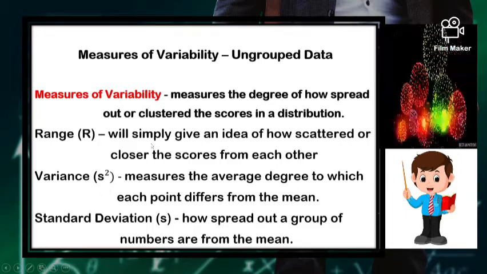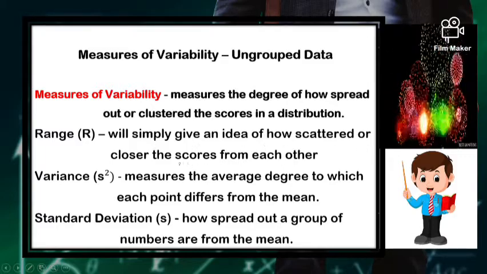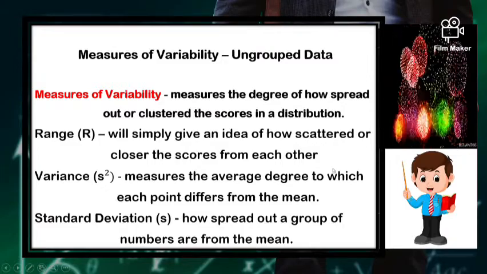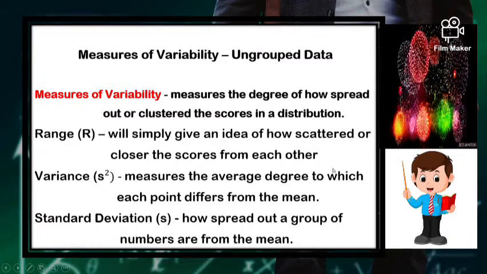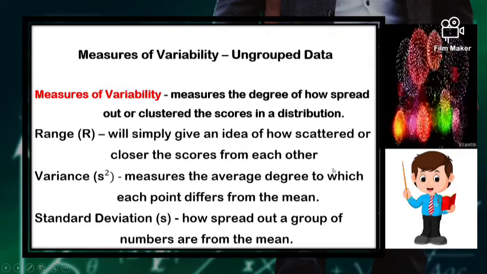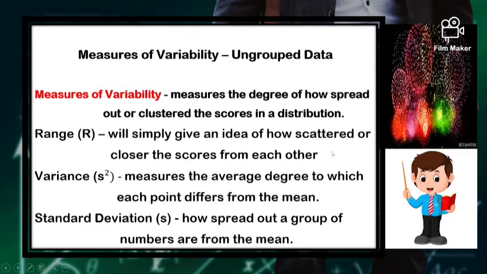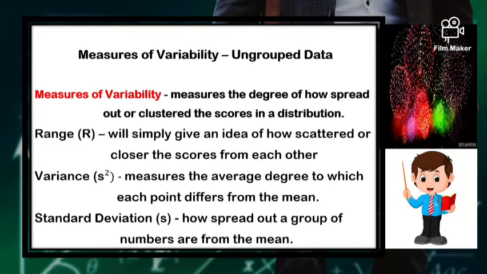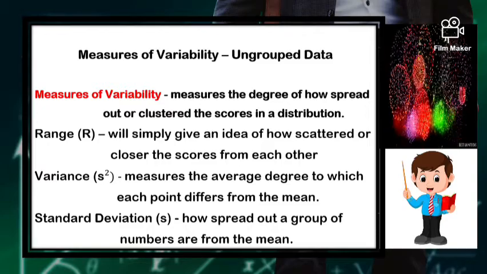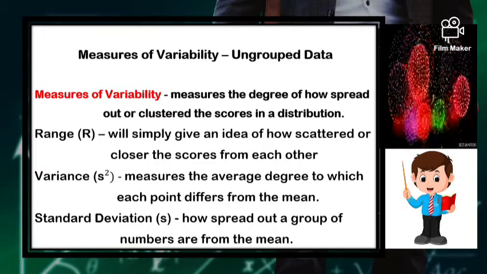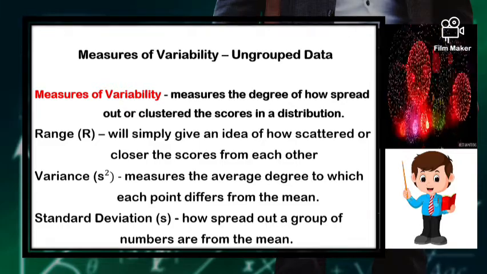The range simply gives an idea of how scattered or close the scores are from each other, given a set of data that you're going to study. You can use the range by getting the highest and the lowest scores.